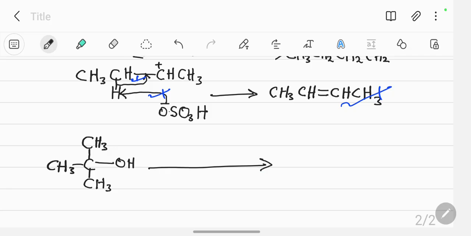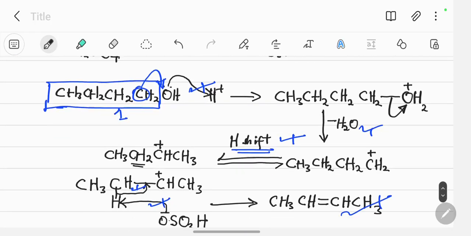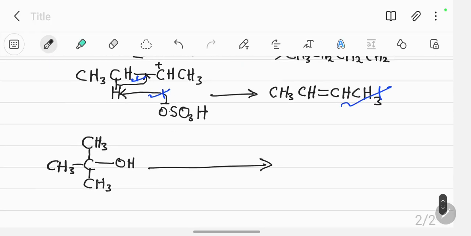When you're dealing with tertiary alcohols, you can either use excess concentrated phosphoric acid and heat, or you continue with your sulfuric acid. But for consistency, let us first go with sulfuric acid. I don't want to confuse anyone.